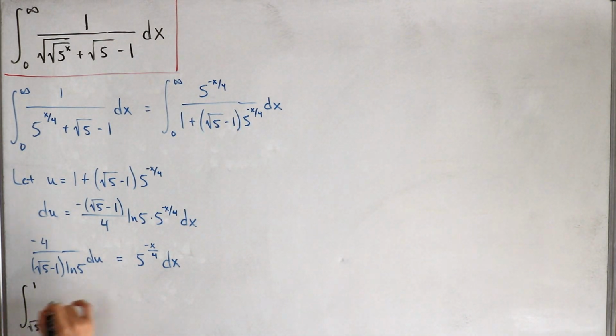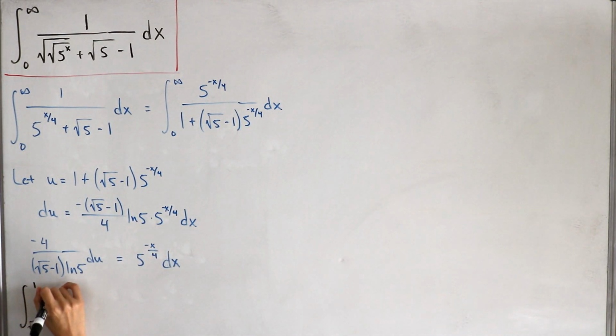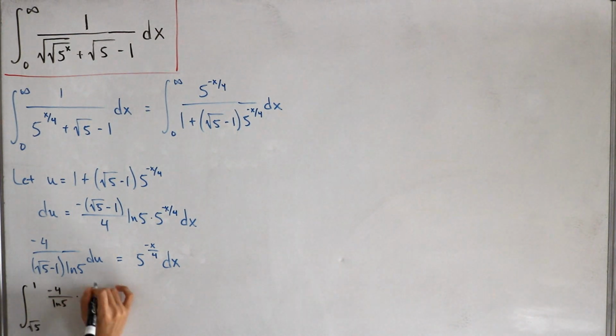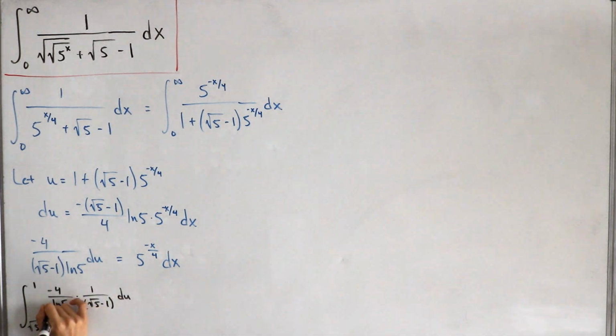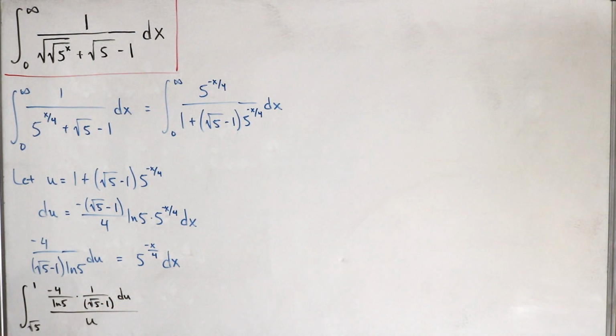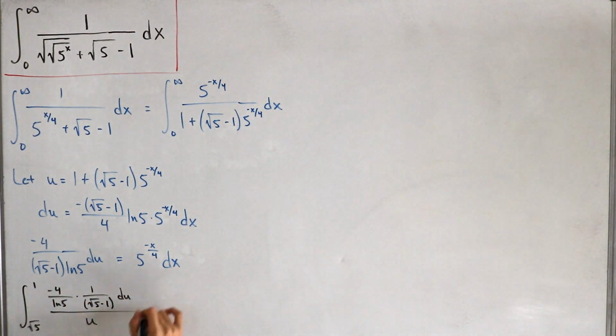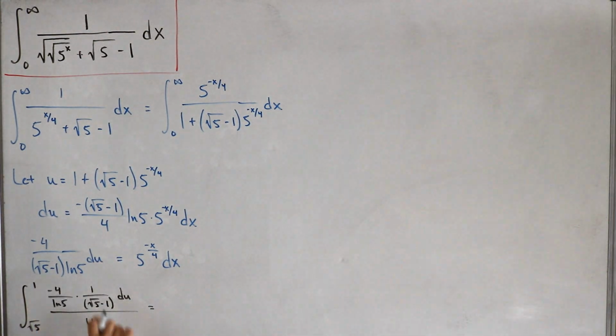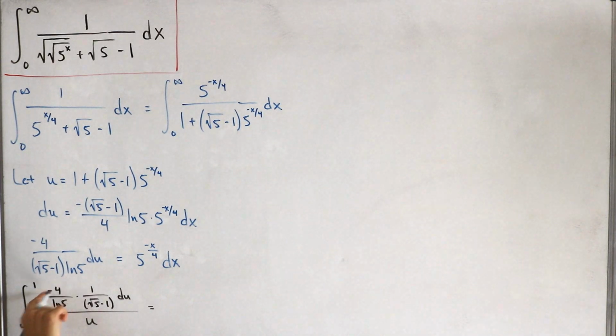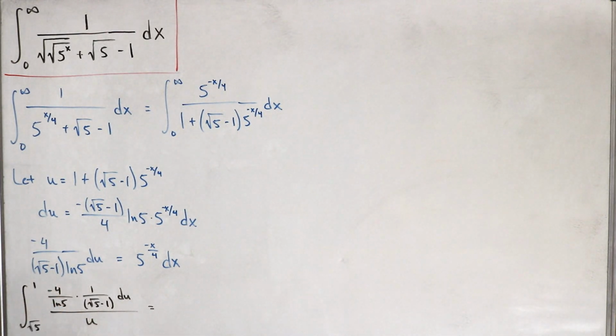And so with this now, it's just plugging back in the new du substitution, so negative 4. I'm going to separate this out, so I'll have ln of 5, then put this in the form of a product, multiplied by 1 divided by the square root of 5 minus 1 du, then all this being divided by u. Now let's fix this up a little bit. I'll switch the bounds and get rid of the negative, because the square root of 5 is supposed to be bigger than 1.